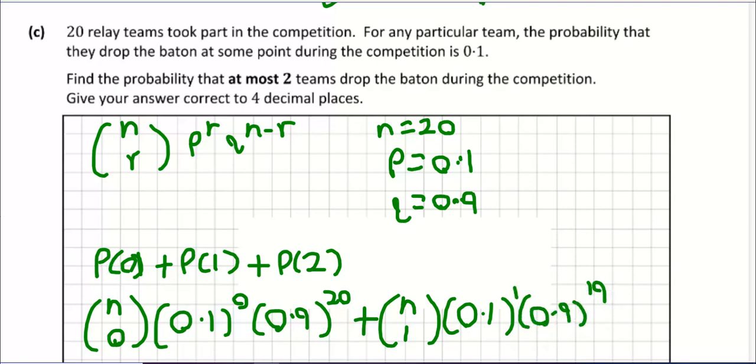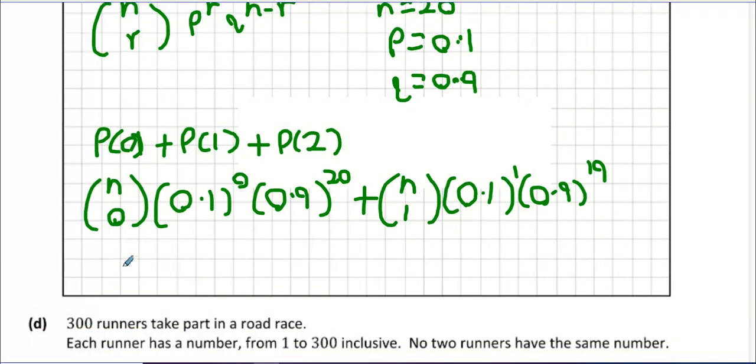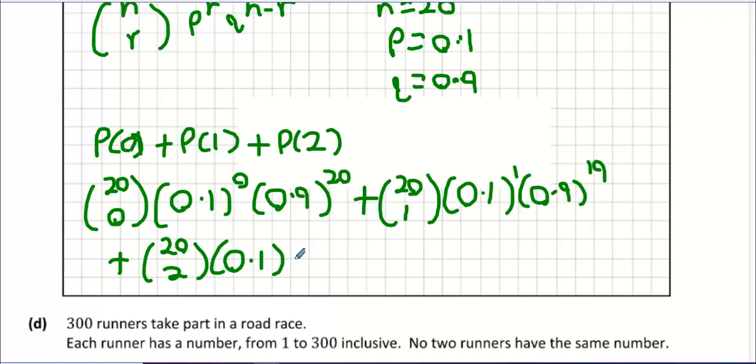And then finally, 20C2, 0.1 to the power of 2, and 0.9 to the power of 18.